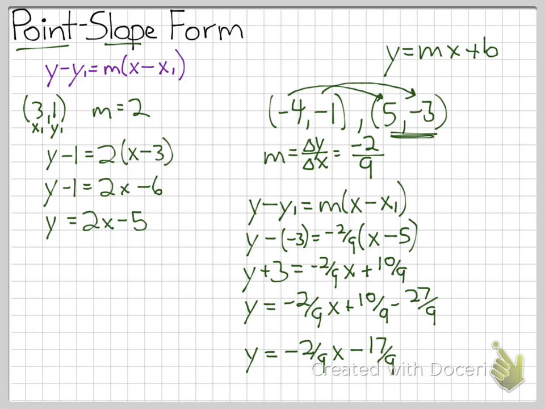Well, besides the fact it's fractions, what this means is our y-intercept is negative 17/9, which is a little bit smaller than 2, because it would be 18/9. So I guess it would be a little bigger since it's negative. And we would go down 2 over 9 as our slope from there.